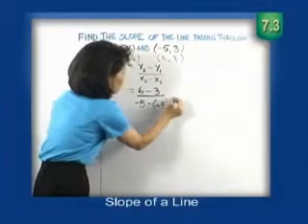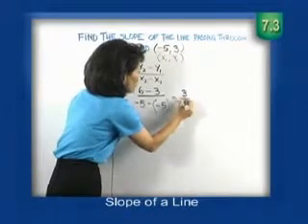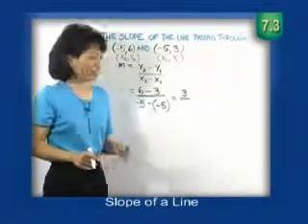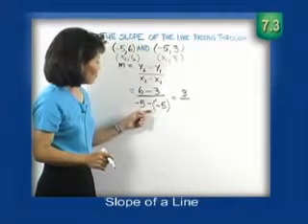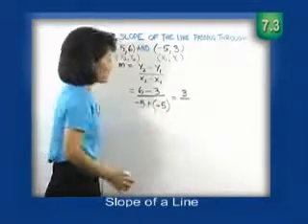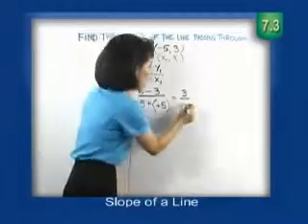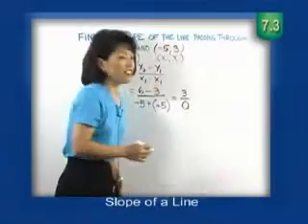Let's do our calculation here. 6 minus 3 is 3. And what happens in our denominator? Well, we get -5 minus a -5, which we know is the same thing as -5 plus 5. Uh-oh. We've got 0.